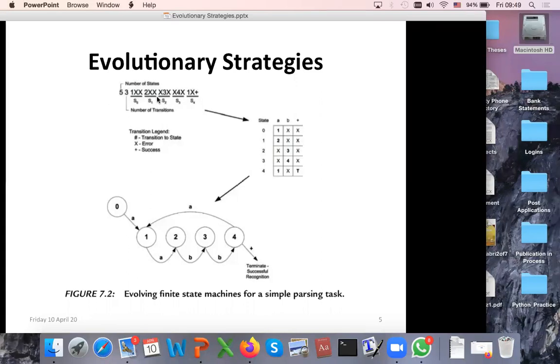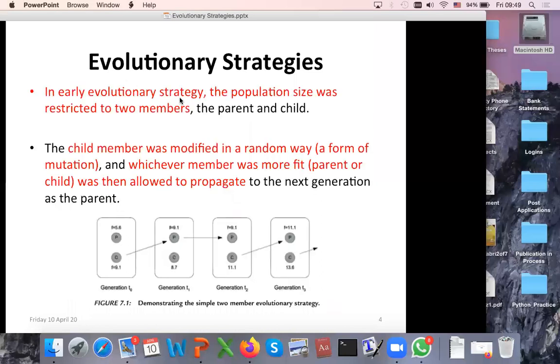So why are we going to understand some kind of finite automata or theory of automata here? Actually, at that time of evolutionary strategies, we know that there was no name for the genetic algorithm, but this concept was in use at that time.